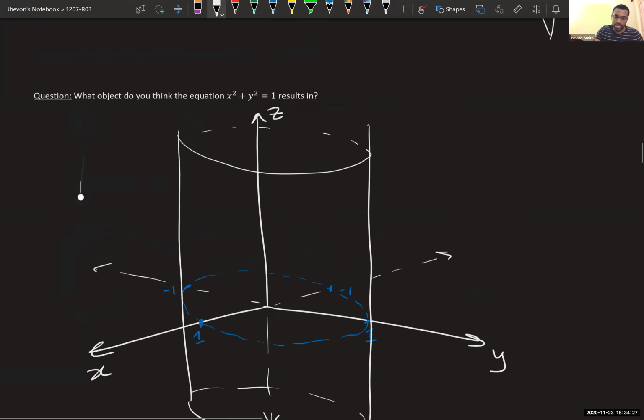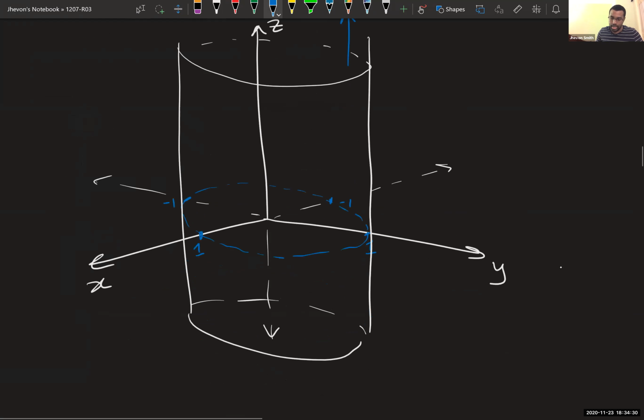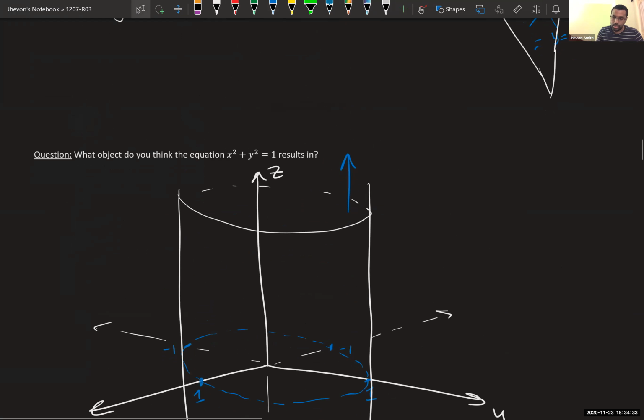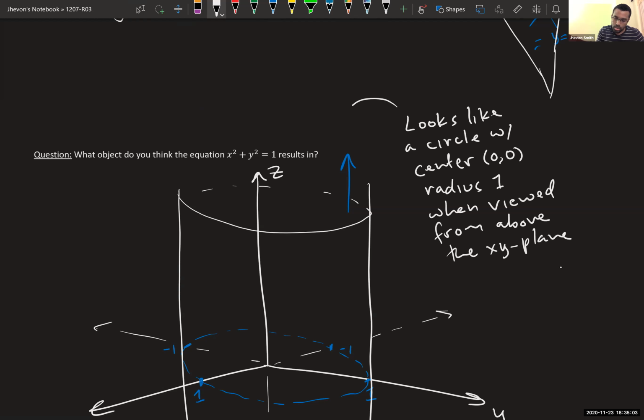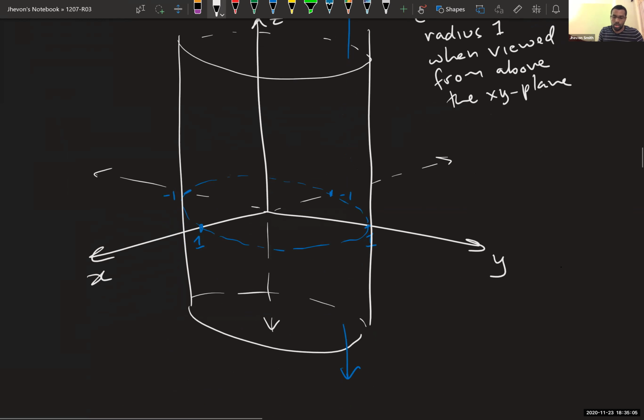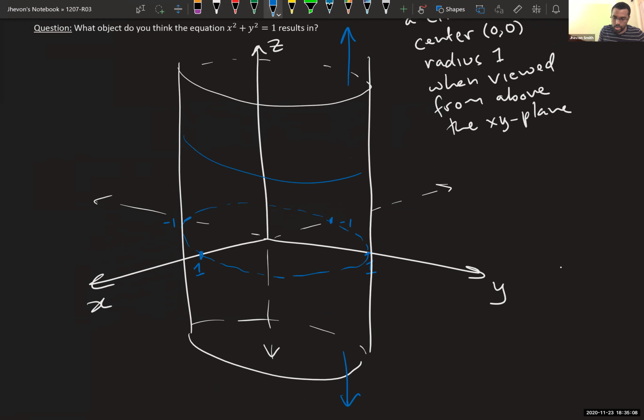And again, it keeps extending up forever and down forever, and looks like a circle when you look from above. But yeah, it's actually a cylinder.